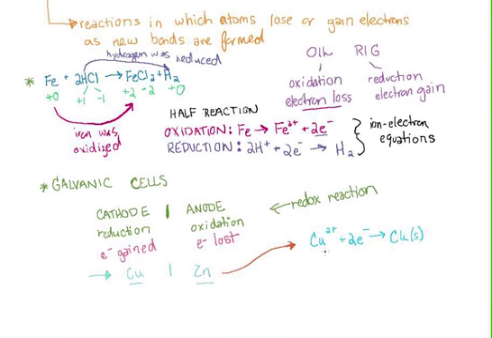Right, and then you've got your solid zinc, where a couple of electrons are popping off, leaving you with a zinc cation, right? So this is just another example of half reactions for a pretty basic standard galvanic cell, right?